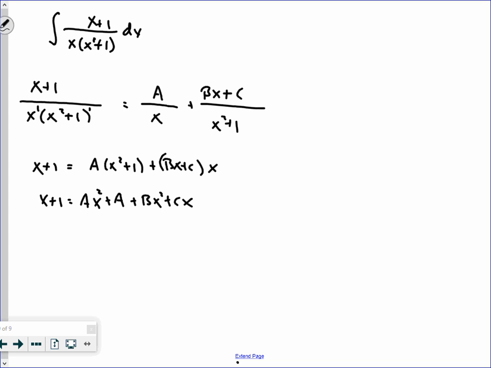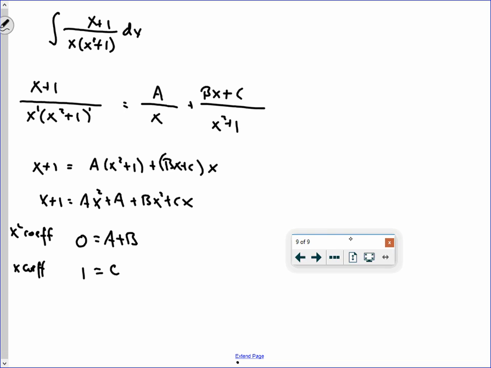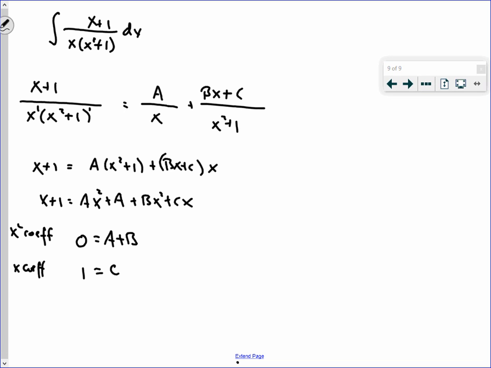The x squared coefficients have to be the same. On the left, there's no x squared coefficient. On the right, it's a plus b. The x coefficients have to be the same. On the left, the x coefficient is 1. On the right, it's c. The constants have to be the same.